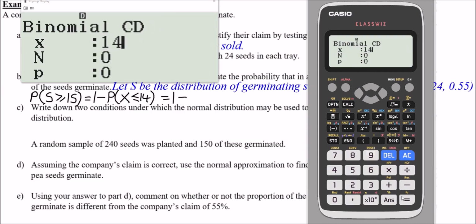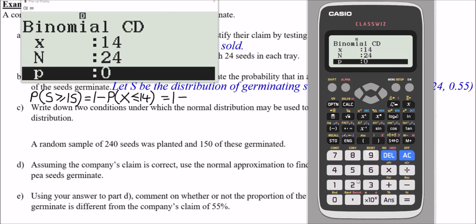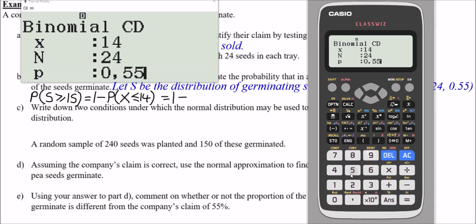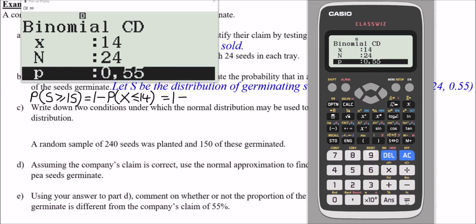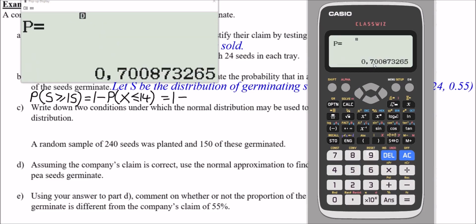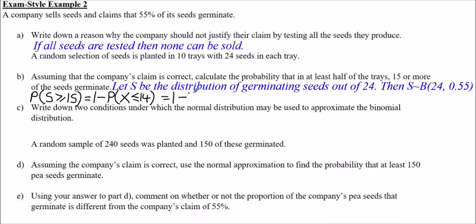So 14 or fewer out of a total number of 24, where the proportion of a germinating seed is 0.55. So press equals and equals again. That gives us 0.70087 and so on.